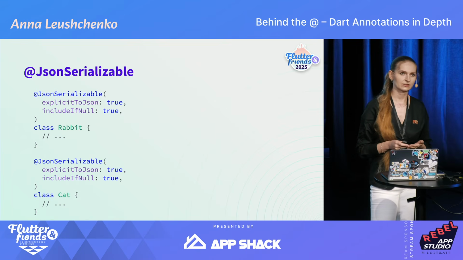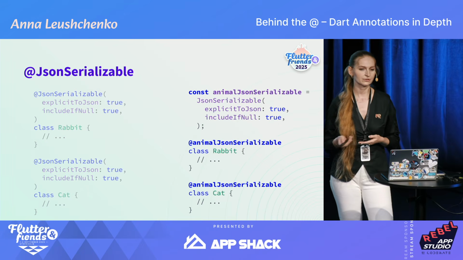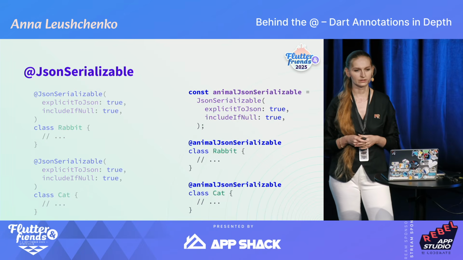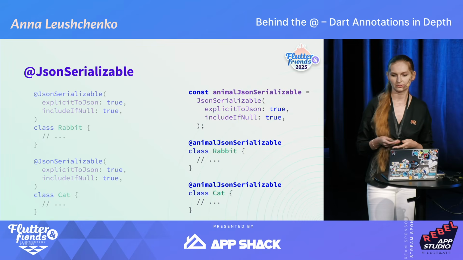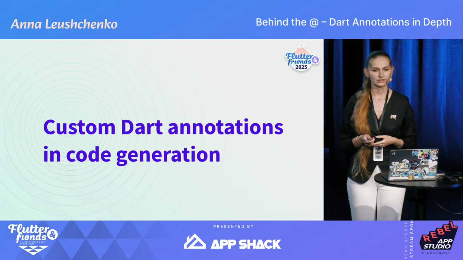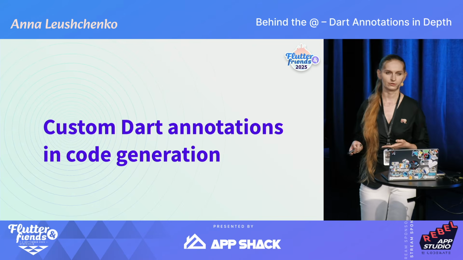But remembering that annotations are just regular Dart classes that can be instantiated, we can create reusable instances of such annotations and apply them instead of copy-pasting the declaration and achieve exactly the same result. And the second conclusion is that we can create custom annotations that will drive custom code generation.